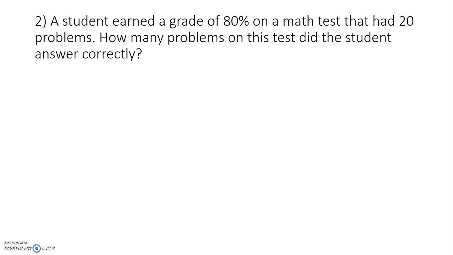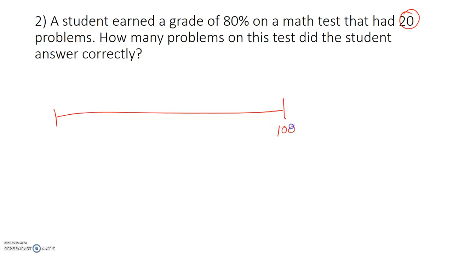Let's try this one. A student earned a grade of 80% on a math test that had 20 problems. How many problems on the test did the student answer correctly? So here, I'm going to draw a diagram again. I know that if this student got 100%, they would have gotten 20 out of 20 because there were 20 problems.